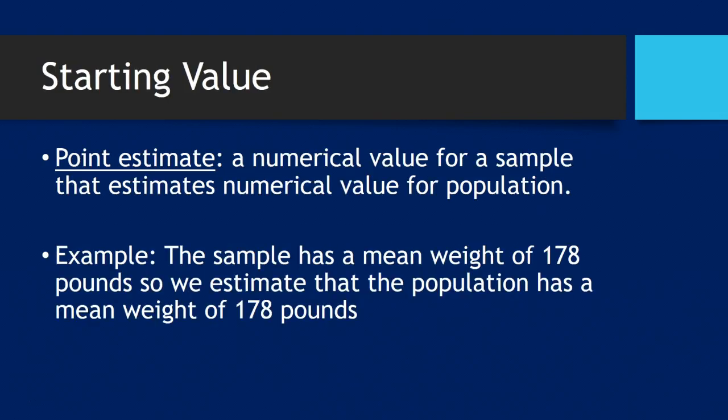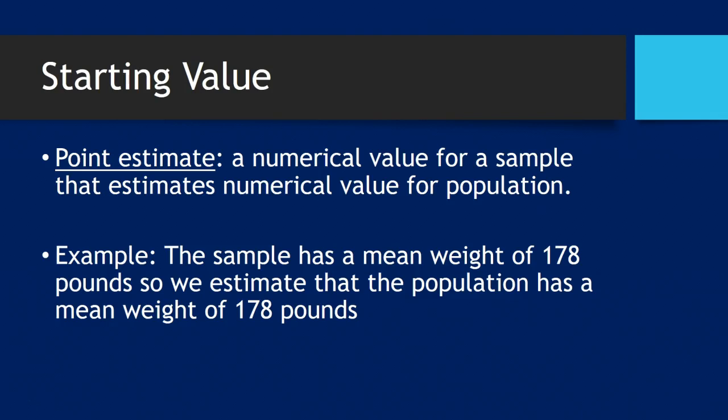Now, whenever we create a confidence interval, we're going to start with what's called a point estimate. It's basically just a numerical value for the sample that estimates the numerical value for the population. So all that means is that it is the single numerical value that I'm going to assume the population has.